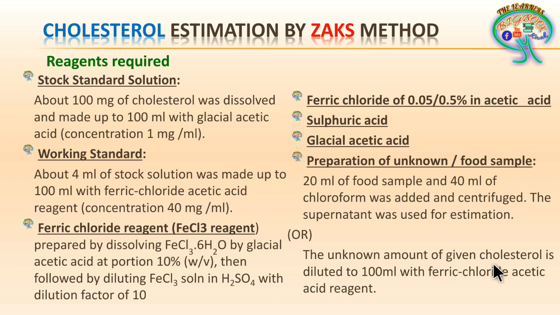Or the unknown amount of the given cholesterol is diluted to 100 ml with ferric chloride acetic acid reagent. Either you can take the ready-made unknown amount of cholesterol, or you can prepare this food sample. So this is the preparation of the unknown food sample.